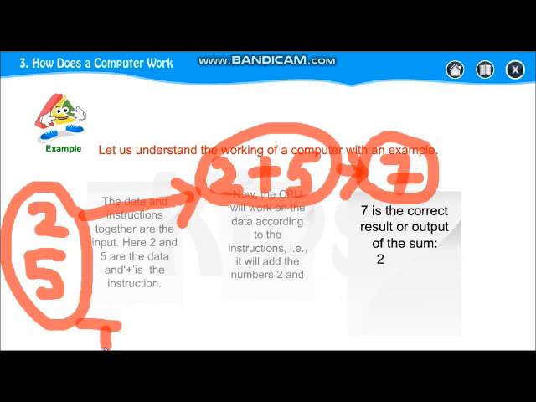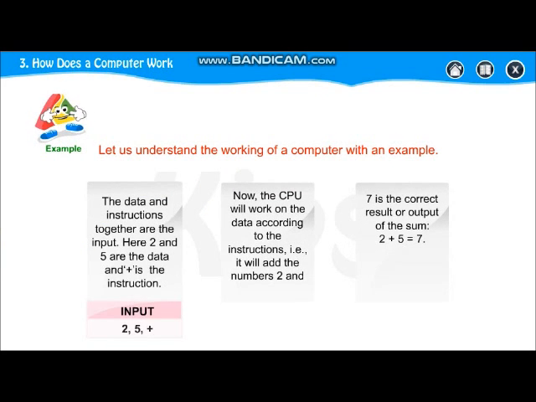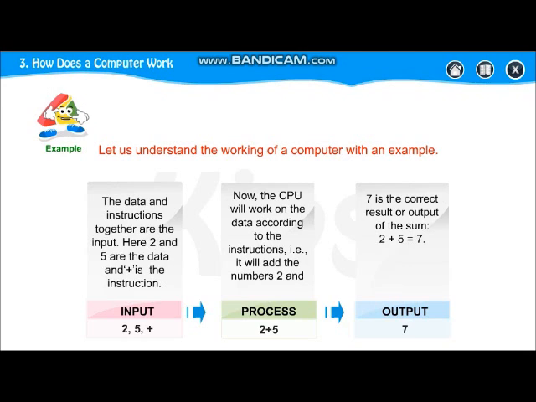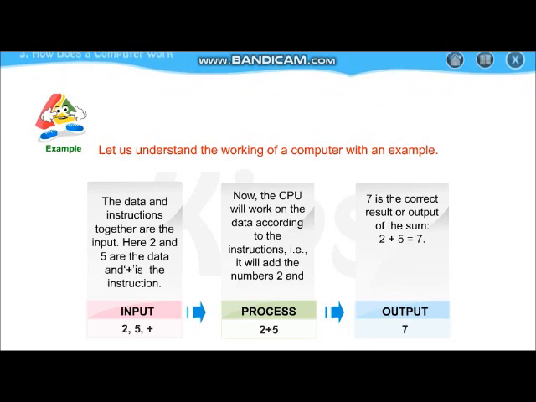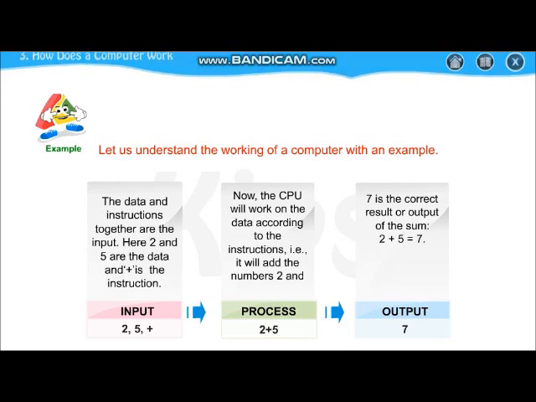So what is this? I, and what is this? This plus is your processing and O, output. 7 is your output. So, in this way, computer works.